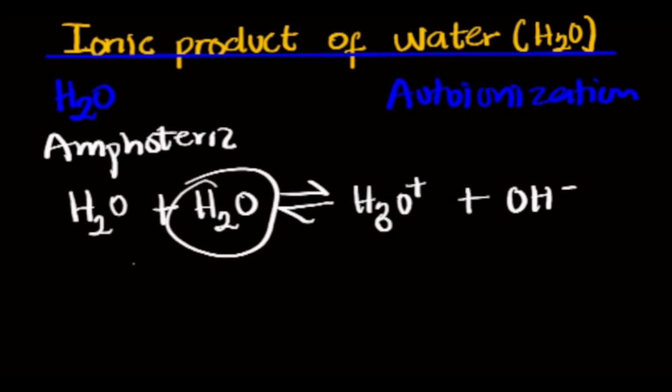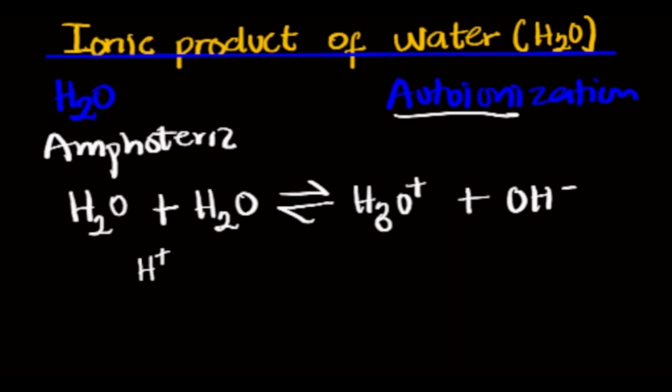In this scenario, the water molecules are reacting with each other. One is donating a proton, which is a hydrogen ion, to the other, and the other is accepting a proton, to form hydronium ion and hydroxide ion respectively. In that scenario, we simply say water undergoes an auto-ionization reaction, which is what you are seeing here.